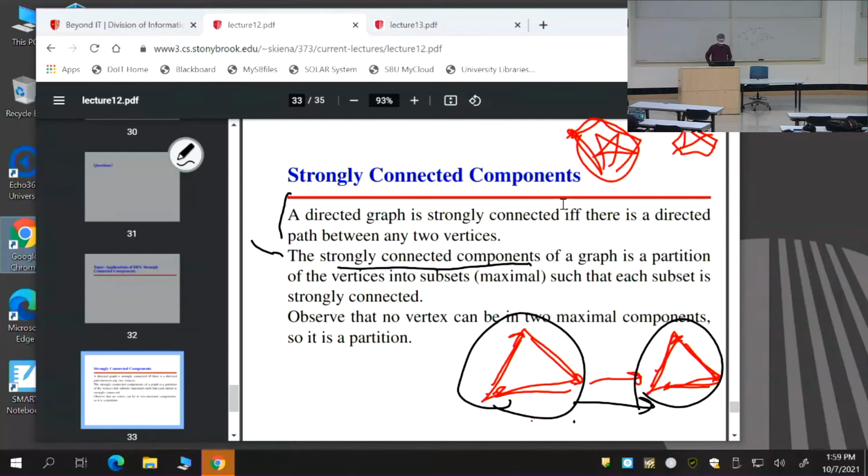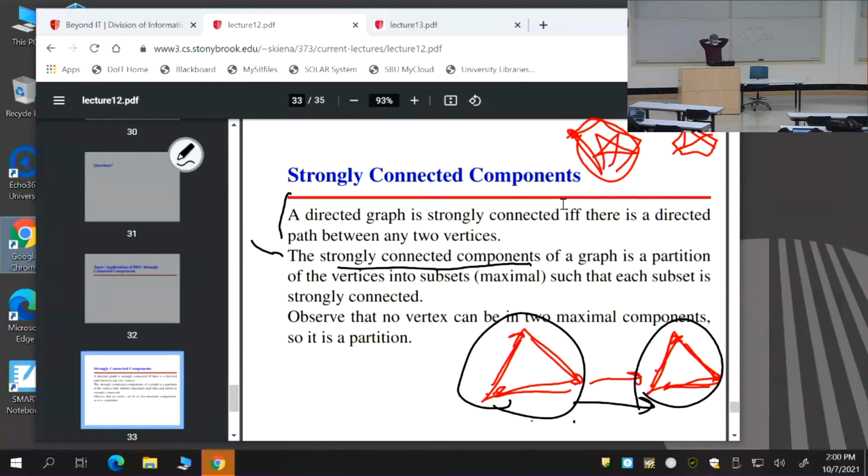Can anybody come up with an idea of how you would find strongly connected pieces? Let's not worry about the speed exactly. But suppose I had a directed graph. I wanted to break it into strongly connected pieces. What looks like the most important thing there? Any ideas?